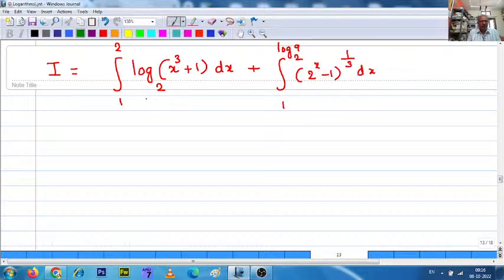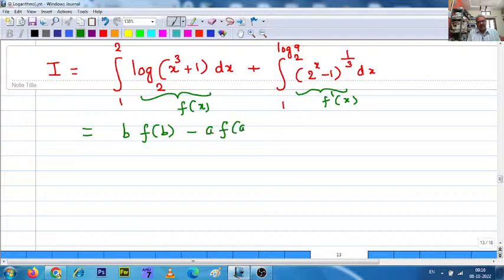As all of you know, this is f of x, this is f inverse x. So what is the formula we have here? This formula is b times f of b minus a times f of a.